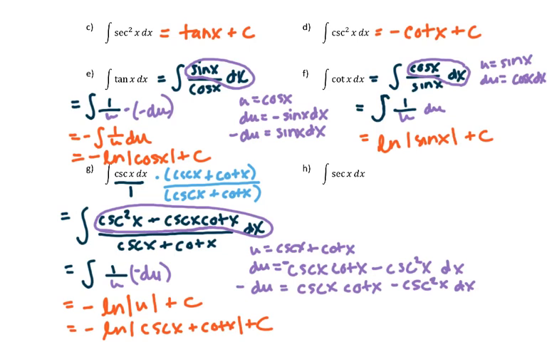Alright, and secant is going to be very similar. In fact, the only thing that will be different is it won't have a negative because we're not dealing with co anymore. And instead of cosecant x plus cotangent x, I bet you can guess, it's simply going to be the natural log of the thing itself, and then its partner in crime.